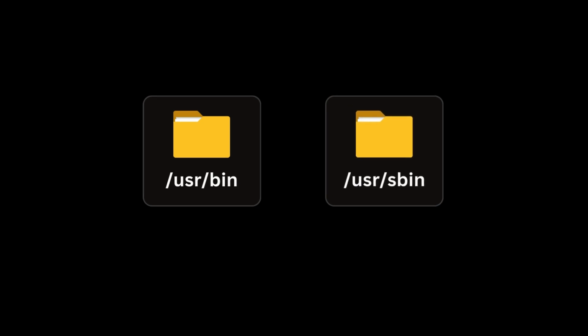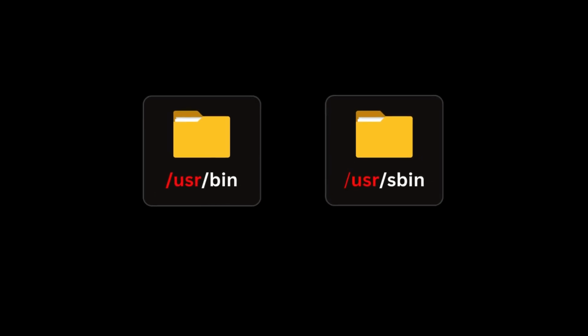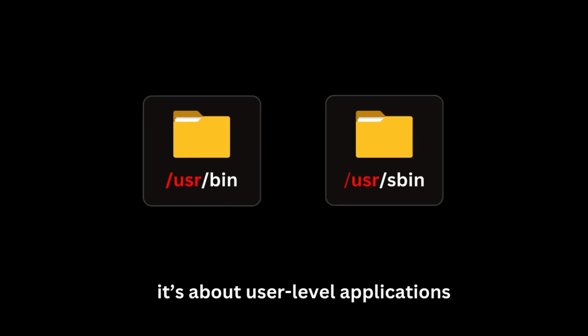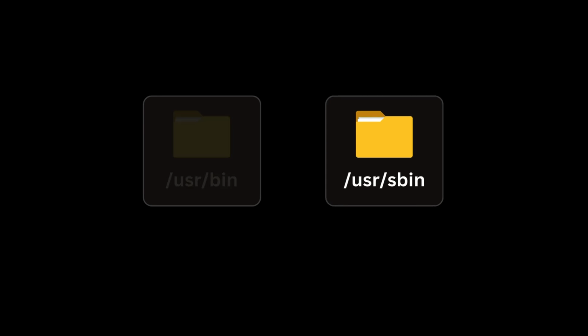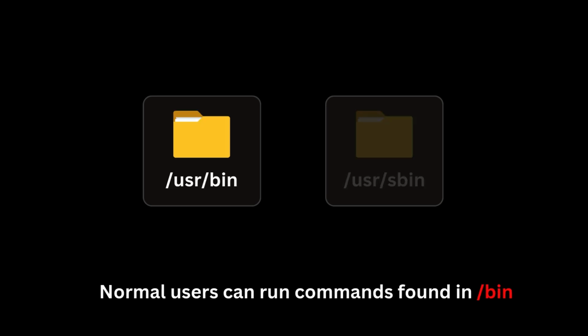Then we have /usr/bin and /usr/sbin. These are user-level directories. So when you see only the bin directory, it's related to system-level commands. When it's with the usr directory, it's about user-level applications. Now, commands in sbin are generally reserved for system administrators, but normal users can run commands found in bin.